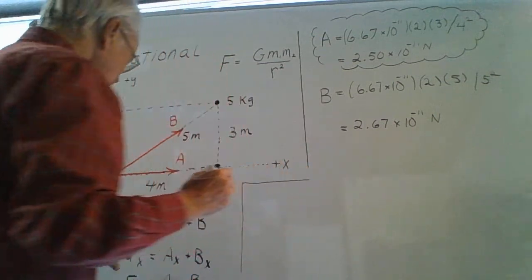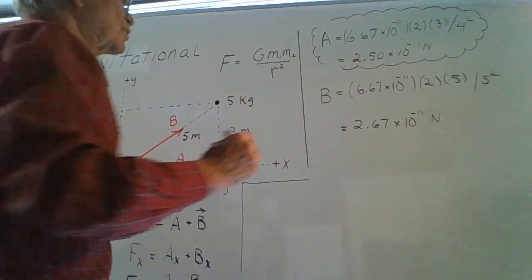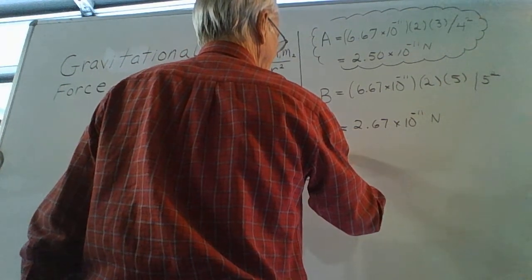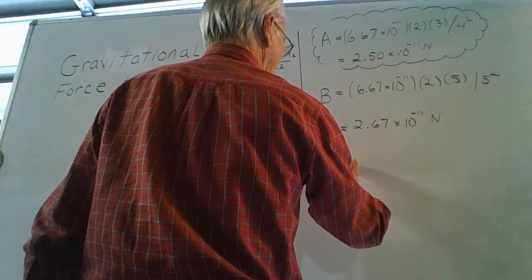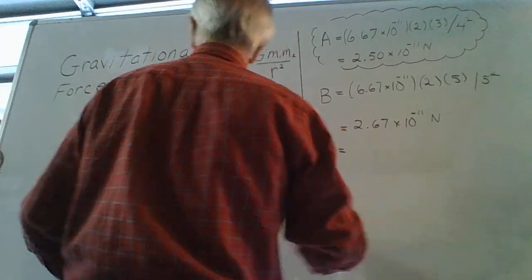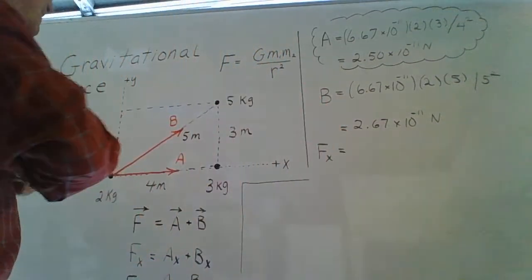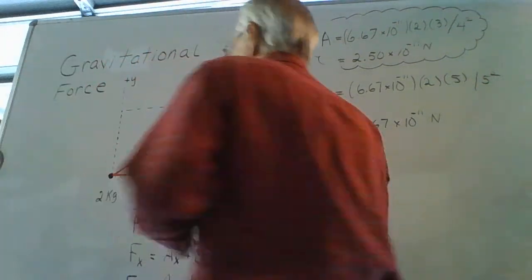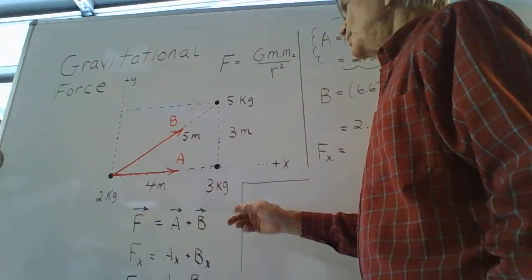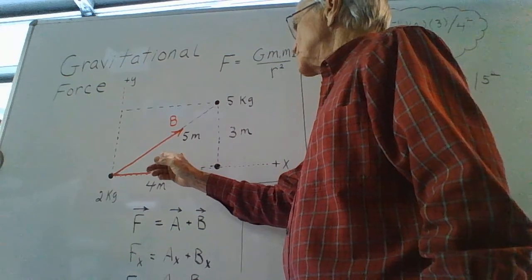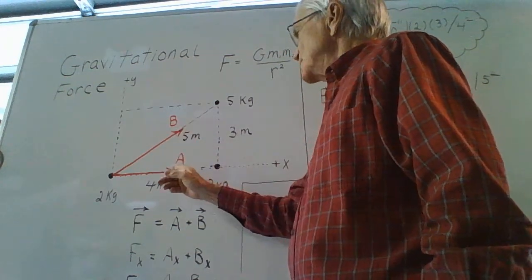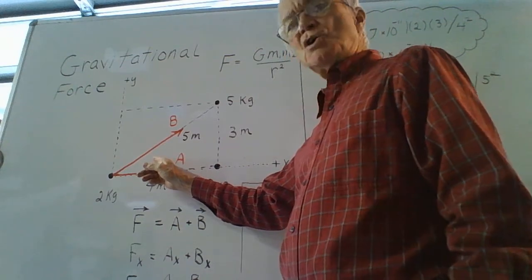Now we can calculate F sub x and F sub y. F sub x is the sum of the 2 x components. Before we can find the x component of both vectors, we will need to know that angle.